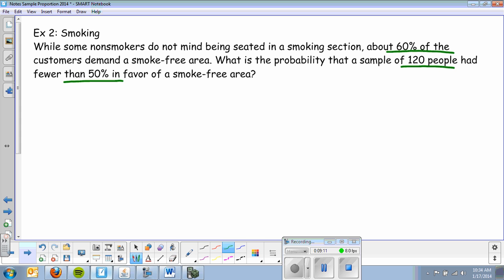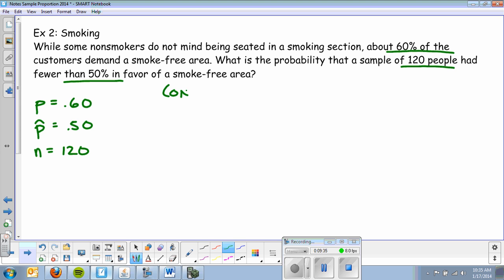So the 60% is my parameter. That's the actual proportion of people that demand a smoke-free area. My P hat in this case would be 50%. I want to know the probability of 50% or fewer. And my N in this case is 120. That's the total in my sample.